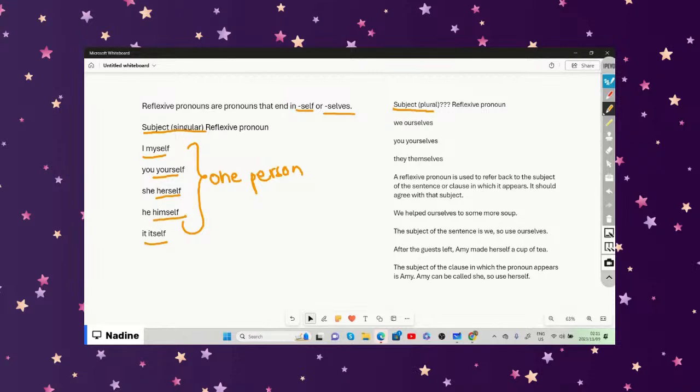But now, if we make mention of more than one, then we say selves with the VES. So we is more than one person: we, ourselves, you, yourselves, because remember, you can be both singular as well as plural. And then they, which refers to them and themselves.